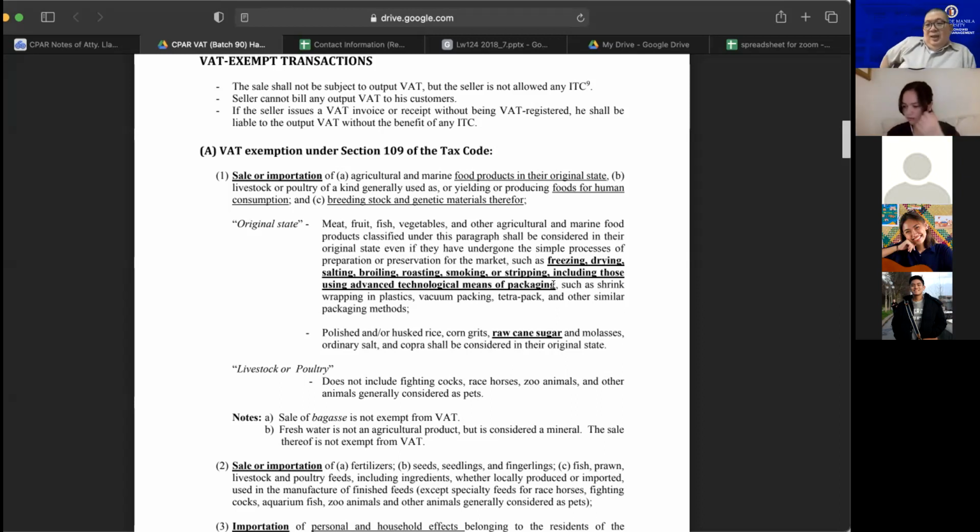Sige. Baboy. If you're selling Monterey meat, pork, is that VAT exempt? Yes, sir. It's still in its original state for now. In its original state. Okay. How about lechon? That's subject to VAT already because you're cooking it na.